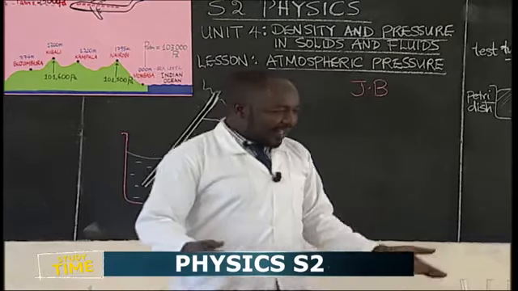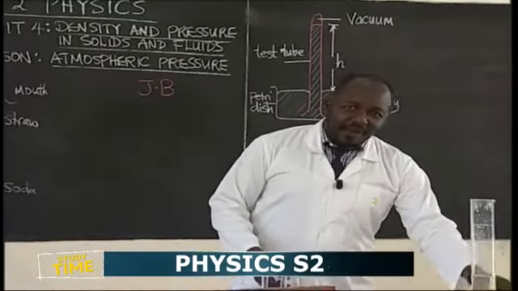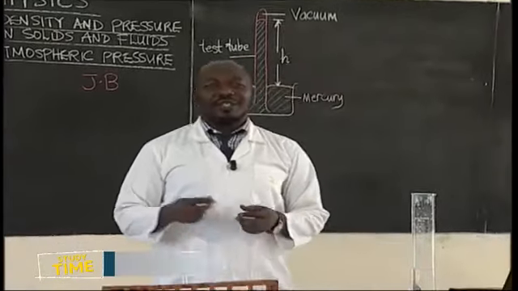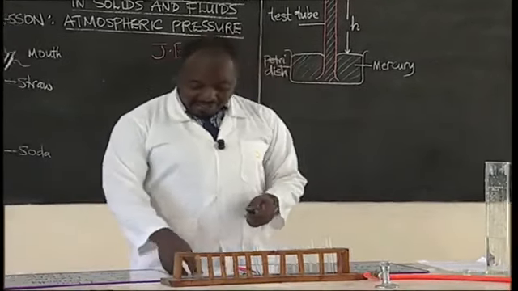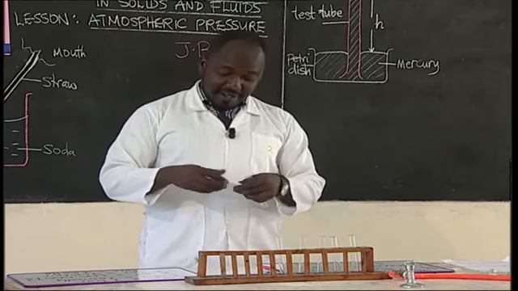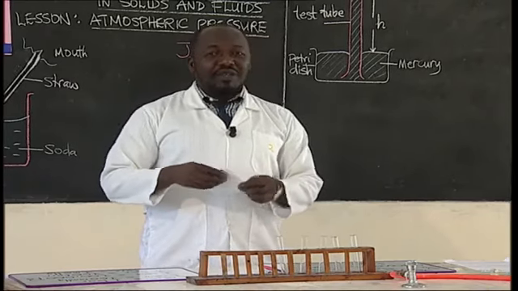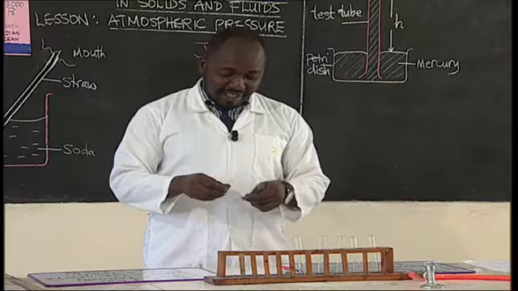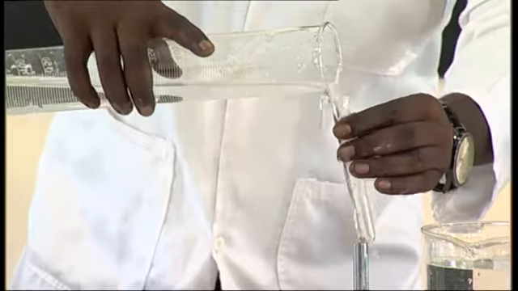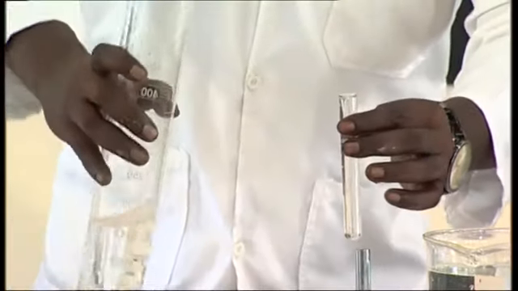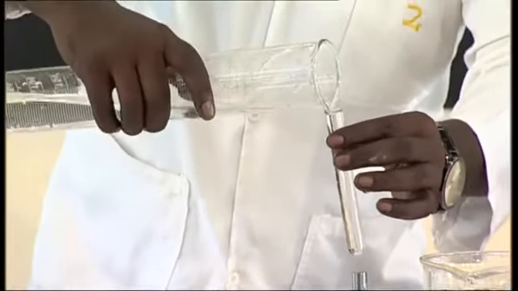And so, last time, there were many experiments that we did to demonstrate atmospheric pressure. I just want to remind you of one of those experiments. We filled up a test tube with water. It could be any container, it doesn't necessarily need to be a test tube.